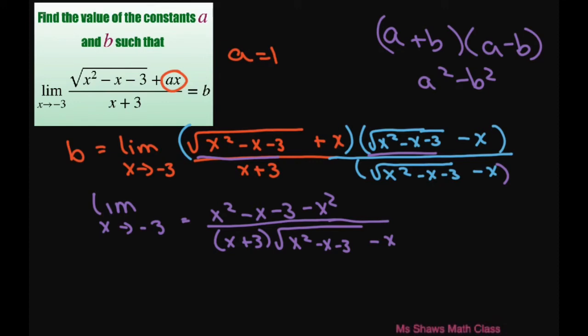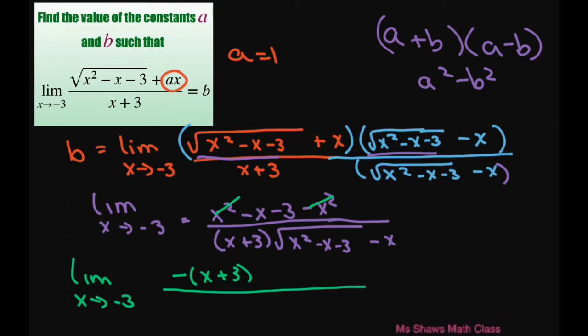All right. From there, let's see what happens. The x squares cancel, and I can write this as the limit as x approaches -3 of negative x plus 3, divided by all of this, which is x plus 3 times square root of x squared minus x minus 3, and then we still have minus x.